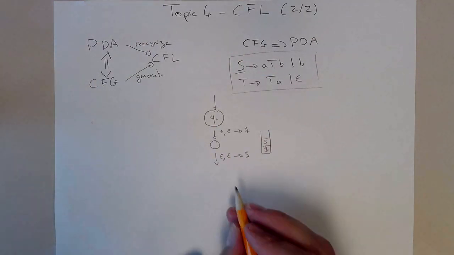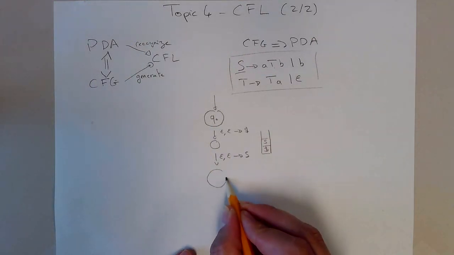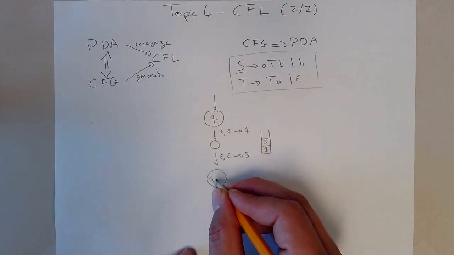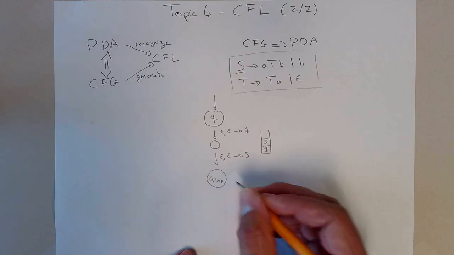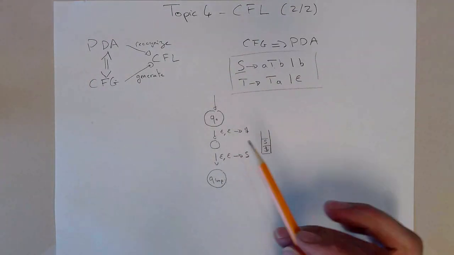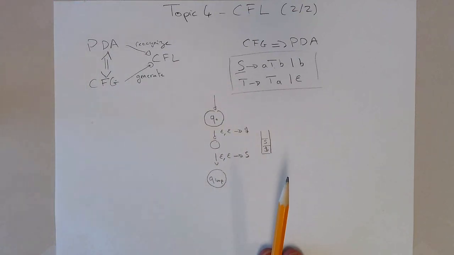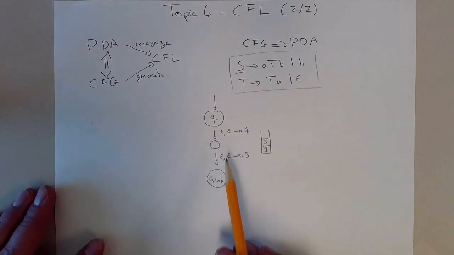After we load S into the stack, we have a loop state here that is going to be the starting and ending point of multiple loops over the rules.